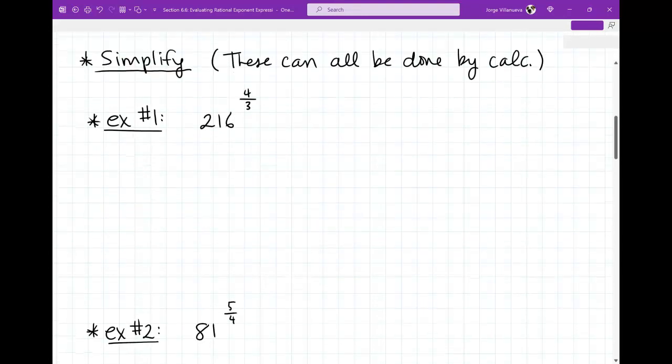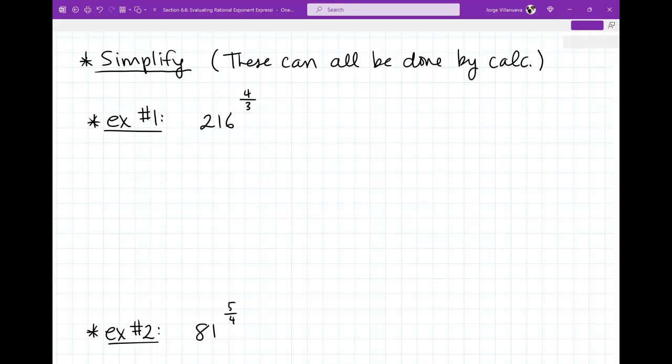Now notice right here, I put simplify. These can all be done by calculator. Now I'm not going to do it by calculator just so you can see what would happen in case you forget how. I want you guys to see what it looks like doing it by hand. But we can still use a little bit of calculator. But you can do these completely with calculator. The way you would do it, let's just do this really quick.